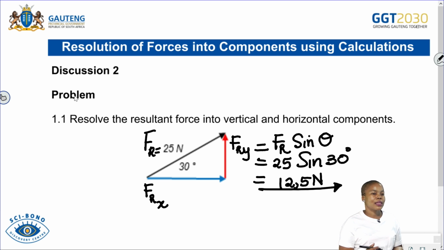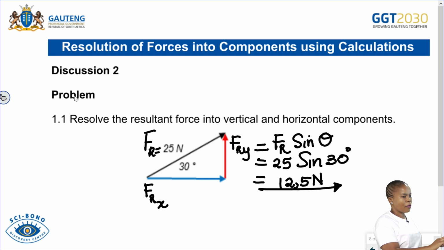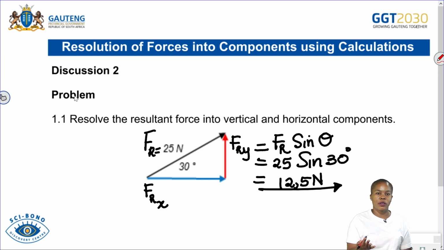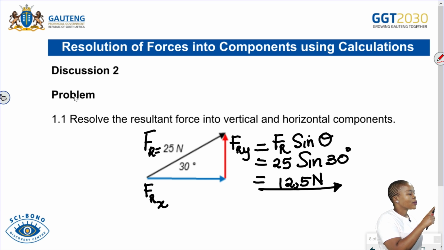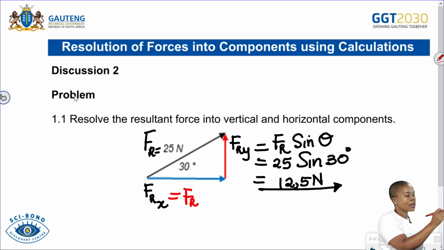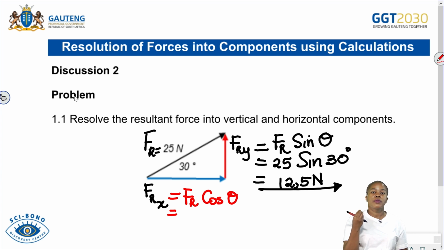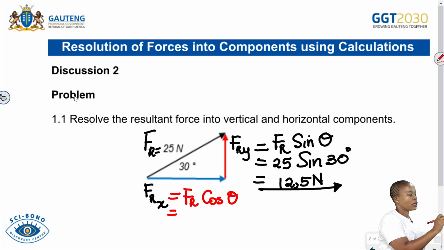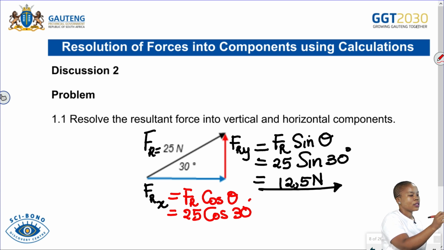And then with the Frx one, let's use a different pen so that you can differentiate between the two. Frx is equal to the original force, which is your resultant force, times cos of theta. That is 25 cos of 30 degrees.